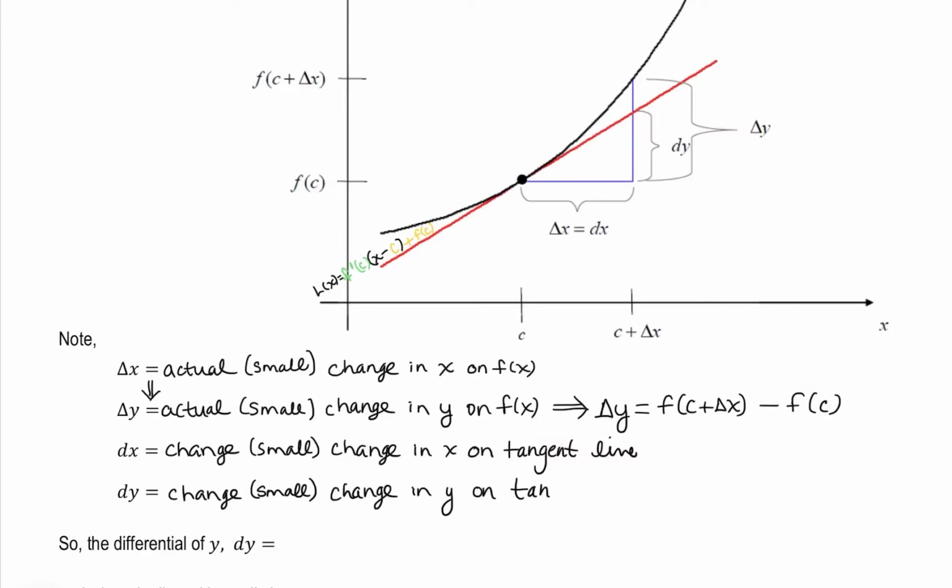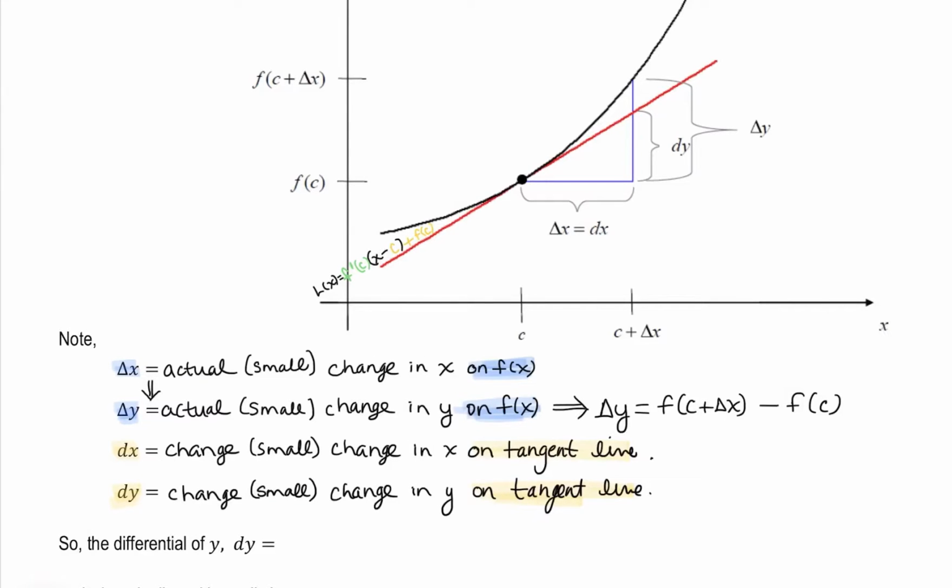So the first key difference is that delta x's and delta y's are the changes on the original functions. When you get into the dx and dy, these are the changes on the tangent line.